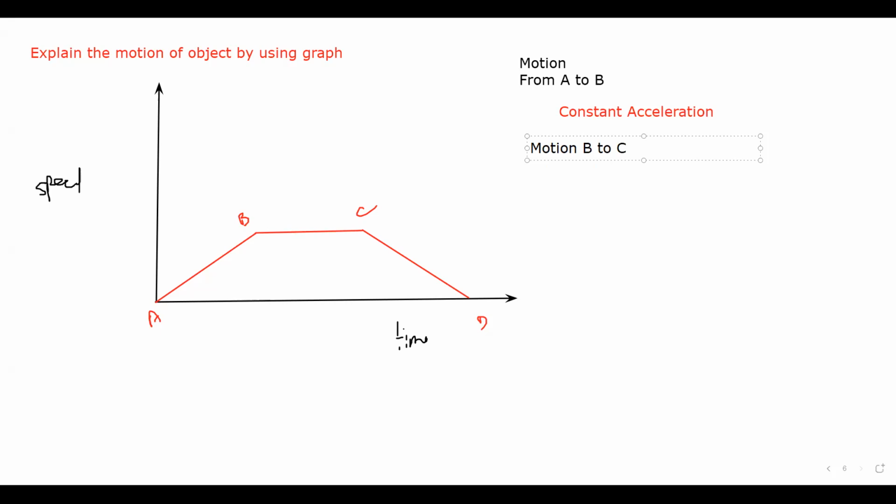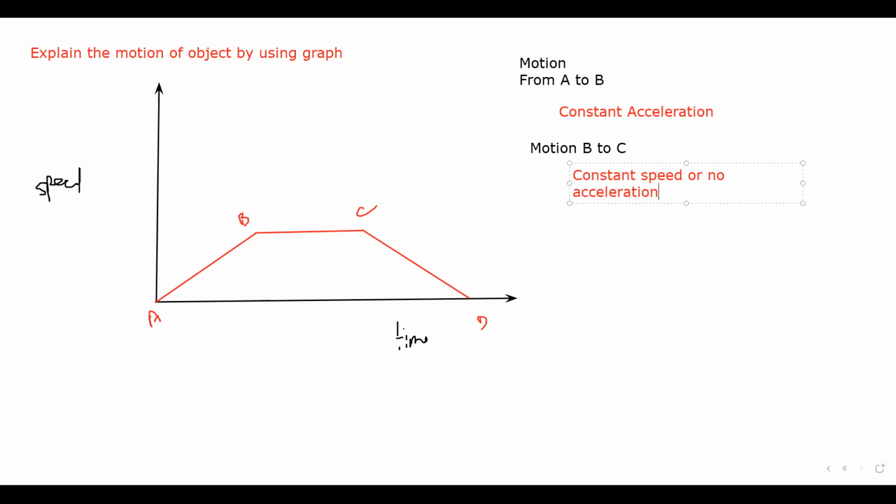The value of the speed is not changing. When the value of the speed is not changing, we use the term constant speed or no acceleration. So what is happening from B to C? It is having a constant speed, or you can say it has no acceleration or no change in speed.